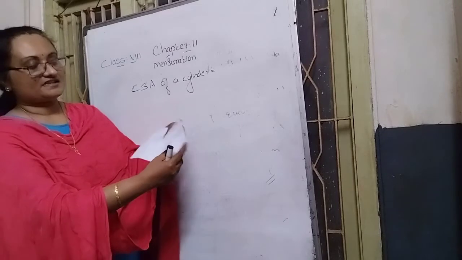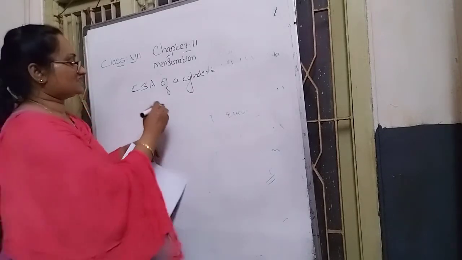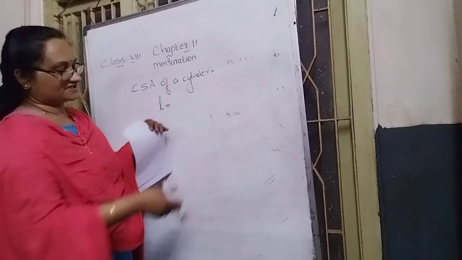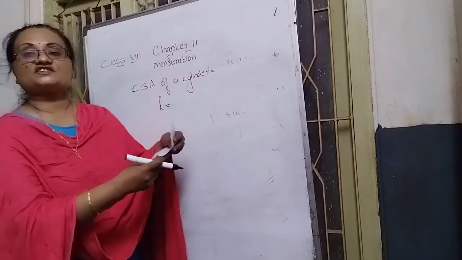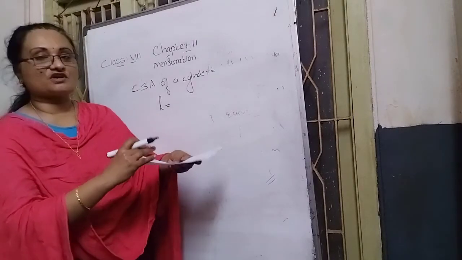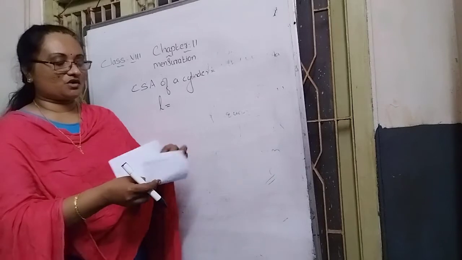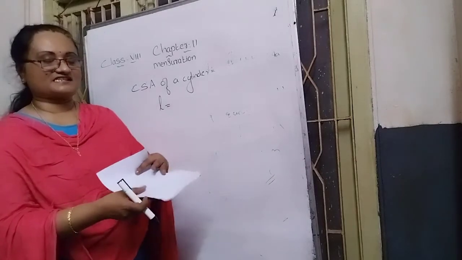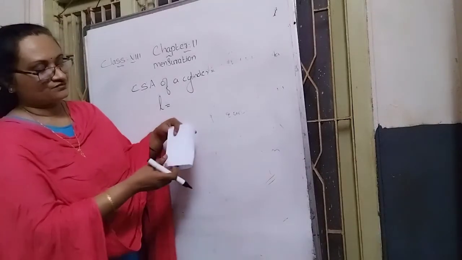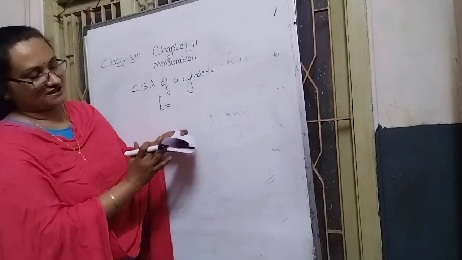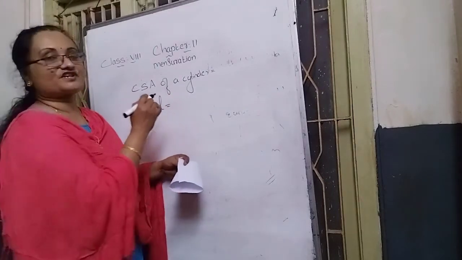That's why the length of this rectangle represents the circumference of the circle. Why? Because when the length part is rolled to make a cylinder, we get a circle. So the length is equal to the circumference of a circle.